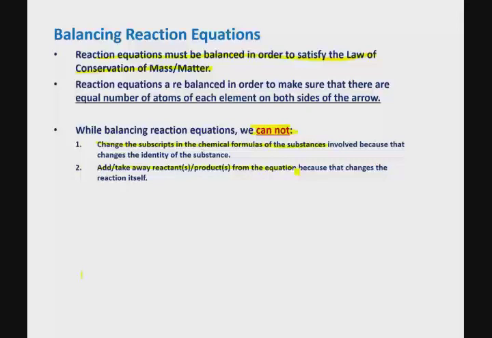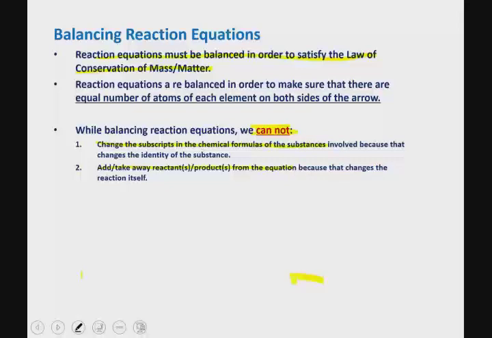We are not allowed to change the identity of the substances involved, whether as reactants or products, by changing the subscripts. Nor are we allowed to change the identity of the chemical process itself by either taking away or adding reactants or products to the equation.